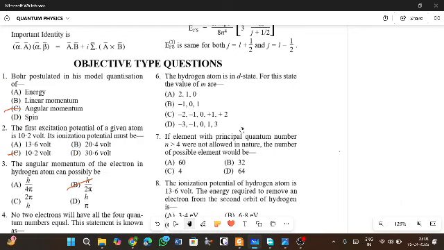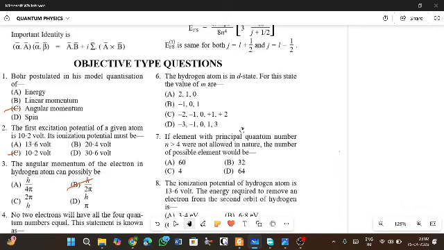The hydrogen atom in a D state. For this state, the values of Mr, actually it should be written as Ml, the magnetic orbital quantum number, right? For S, we have orbital quantum number or azimuthal quantum number L equal to 0. For P, we will be having L equal to 1, and for D, we will be having L equal to 2.